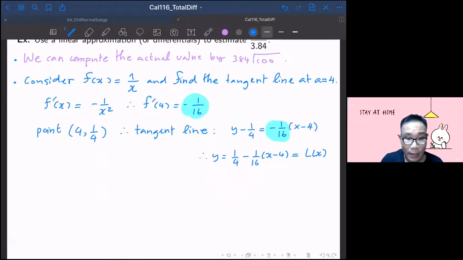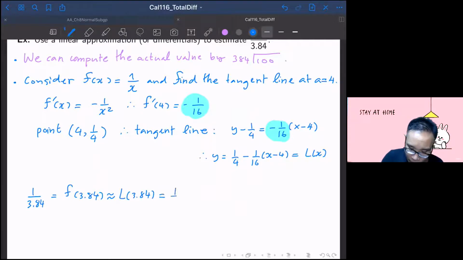Okay, and you see that 1 over 3.84 is f(3.84). So this guy can be approximated by L at 3.84, and L(3.84) will be 1/4 minus 1/16 times (3.84 minus 4).